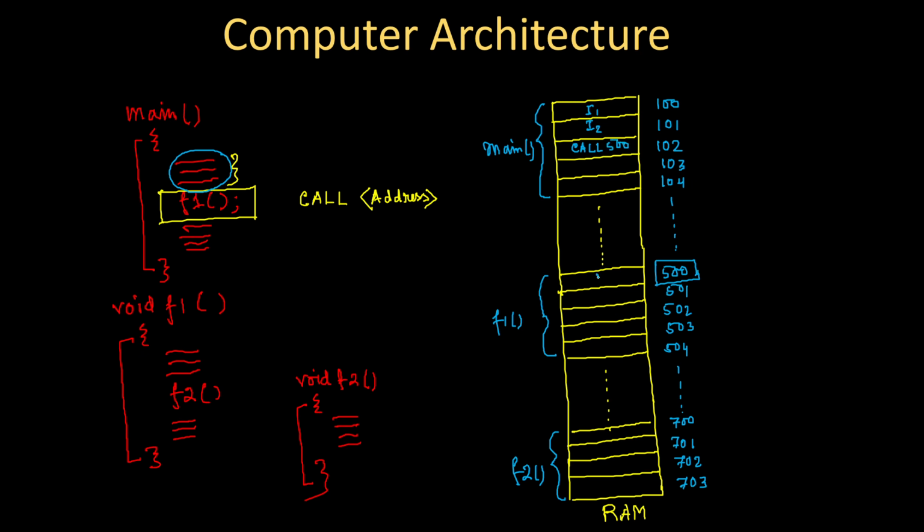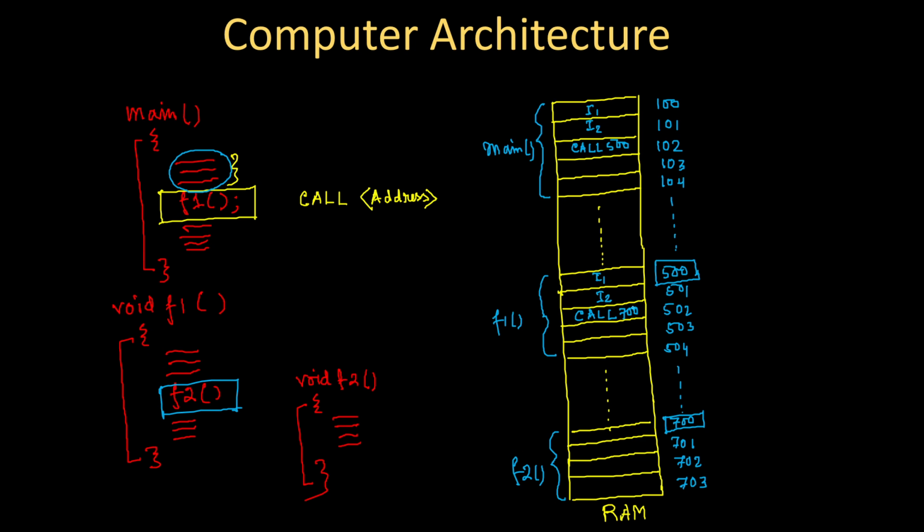Similarly, I have some instructions over here in the f1 function, and there another call, because it will call the f2 function right over here. That means f2 started at address 700, so it will be call 700.